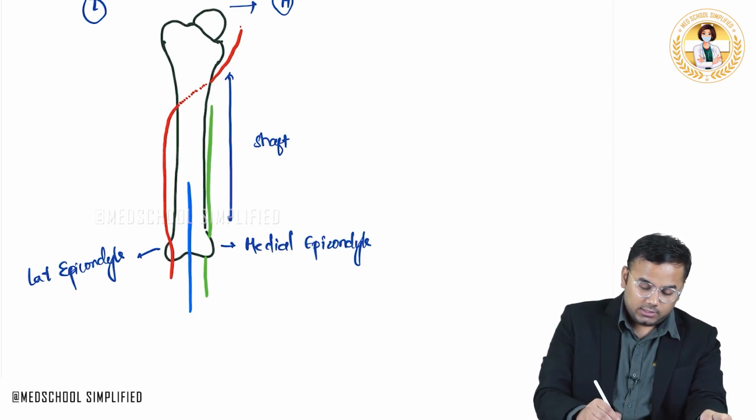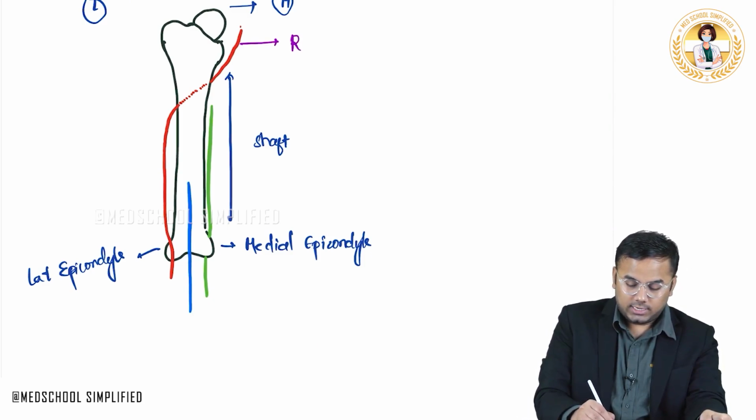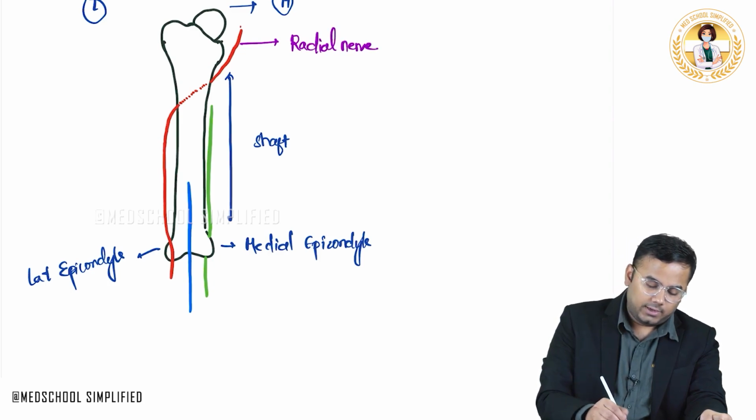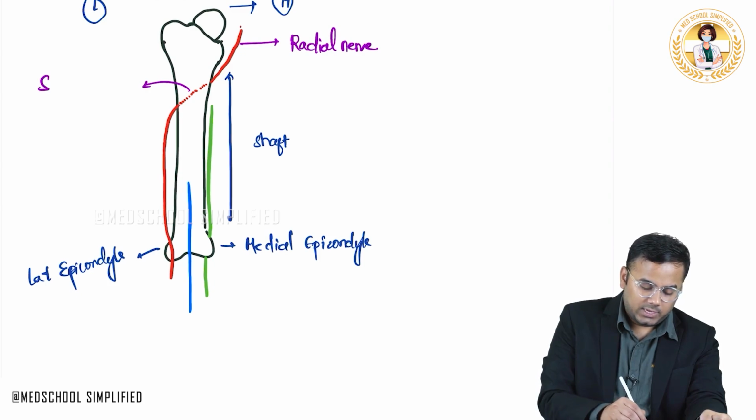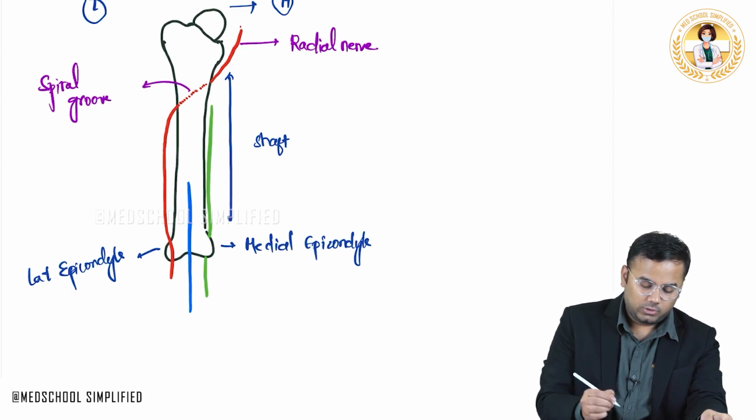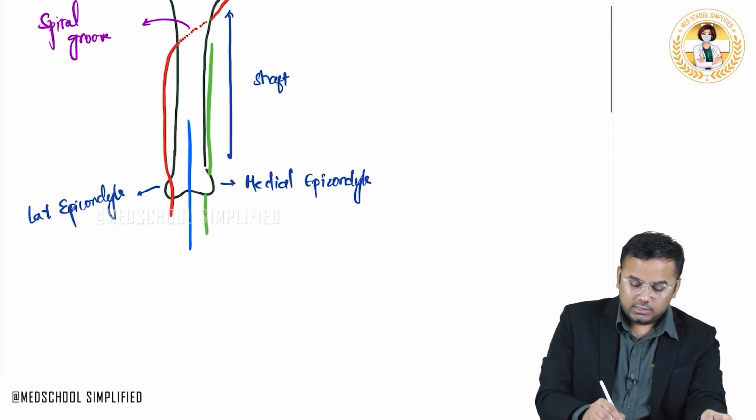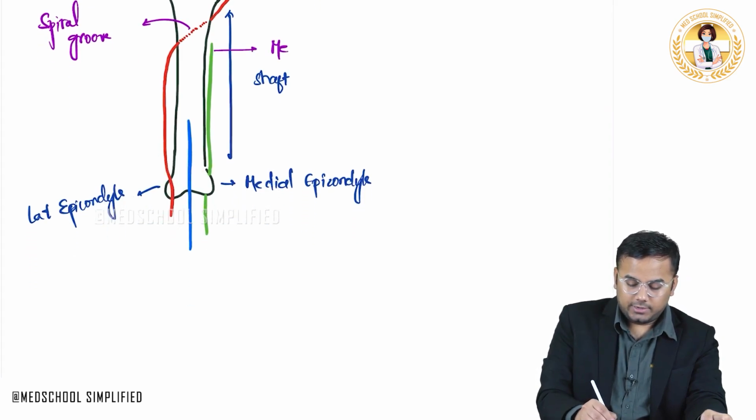Here this nerve is called the radial nerve, and this one is passing in the spiral groove. After that this is called the median nerve.